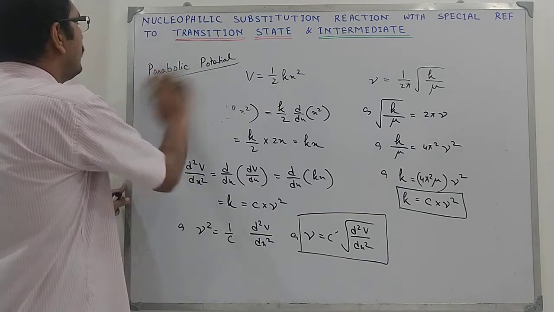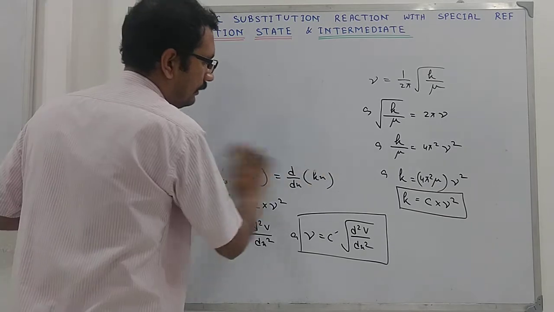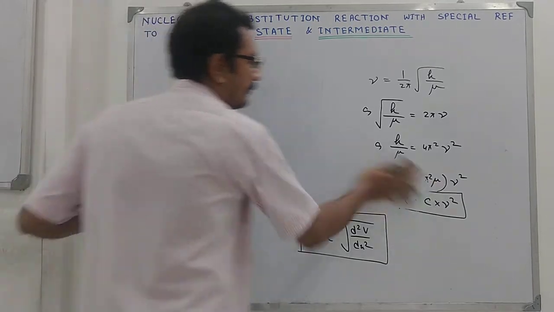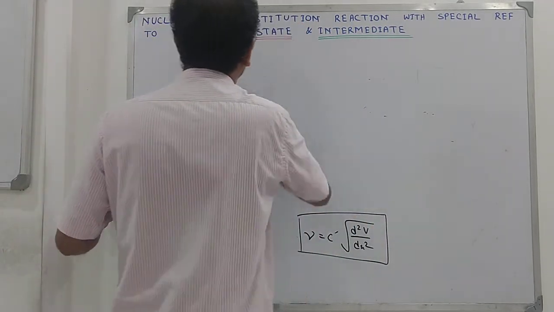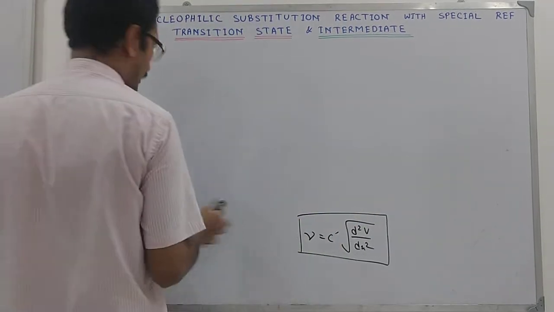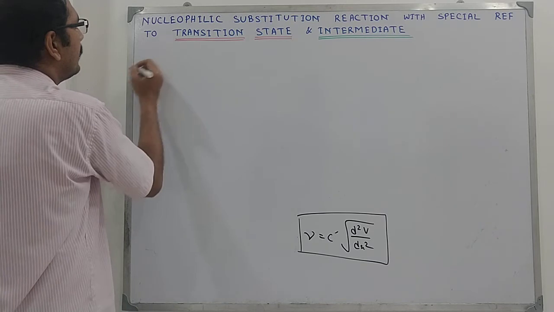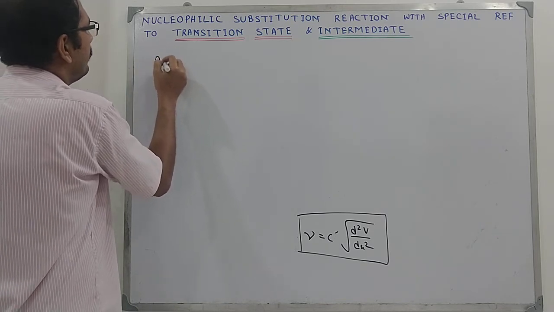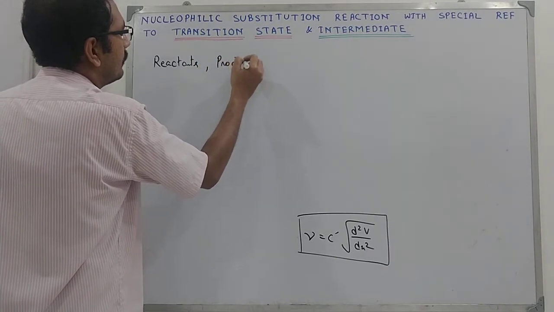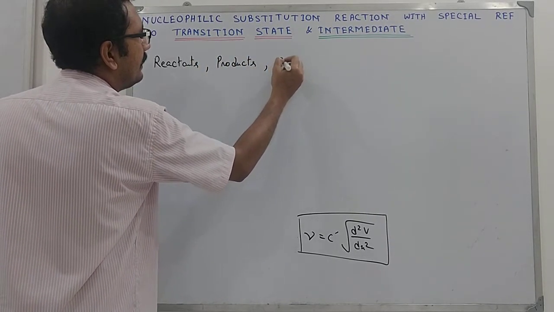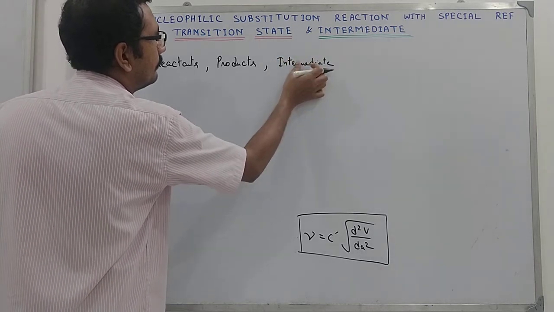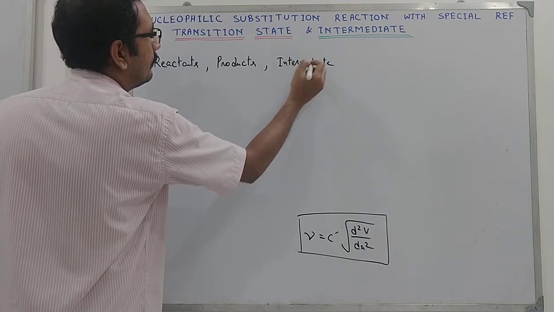Now let us study our plane. So we have two categories in reaction mechanism. One is with the real part, that is reactants, which are real, products, which are real, and intermediate, which is also real.